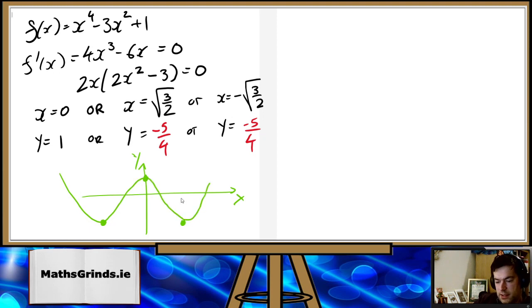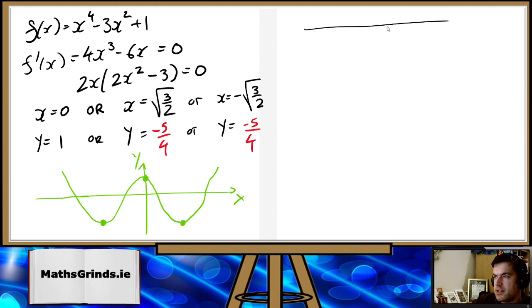Yeah, okay, so I can see why there has to be 4 roots now. So we just need to find a value far enough to the left and to the right. So this distance here, 3 over 2. Yeah, okay.